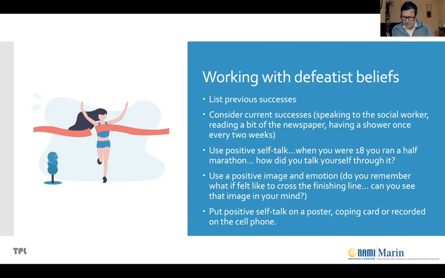This is an example of a patient who, before becoming paranoid, had actually run a half marathon. So thinking back to then, it's an amazing achievement. How did you talk yourself through the pain barrier when your muscles were sore and you were tired? Can we get those thoughts up and running again?